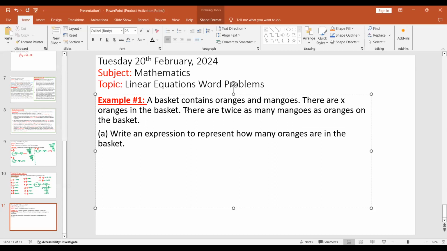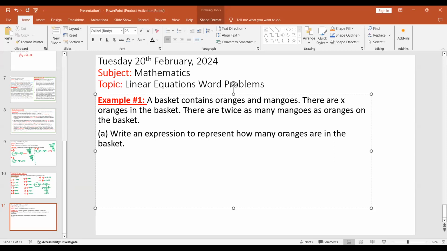So we know that there are X oranges inside of the basket. That's what we know. And we know that for the mangoes, there are twice as many mangoes as oranges in the basket. Okay, so the question says, write an expression to represent how many mangoes are in the basket. Anyone want to try?